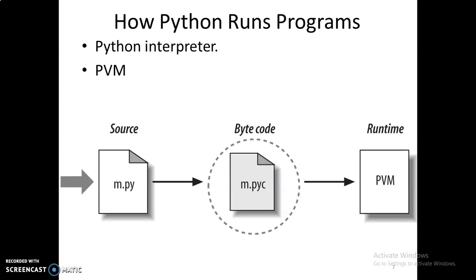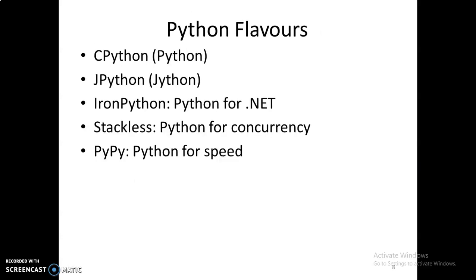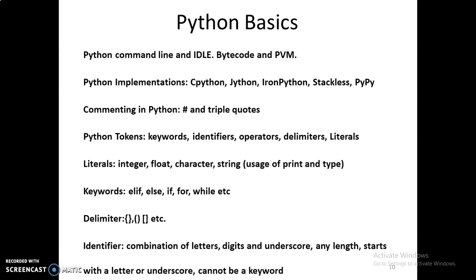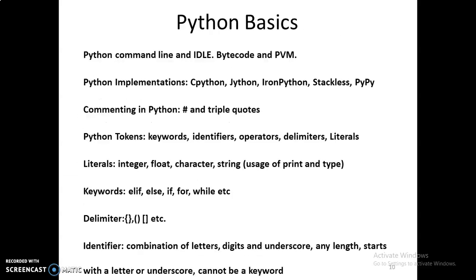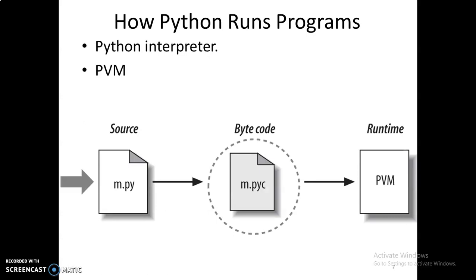The first thing is that it is compiled into an intermediate code known as bytecode. I'll just tell you this bytecode is an intermediate code and is stored with an extension .pyc. It's stored in a directory known as __pycache__.